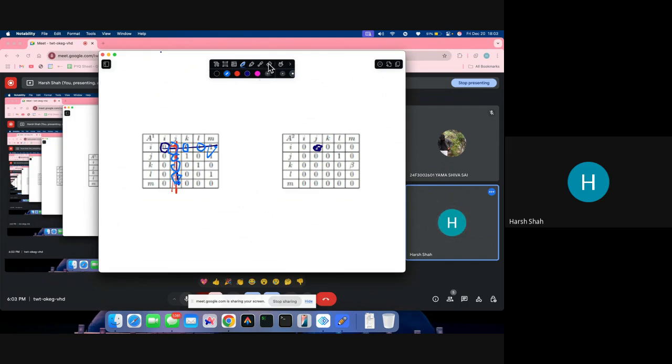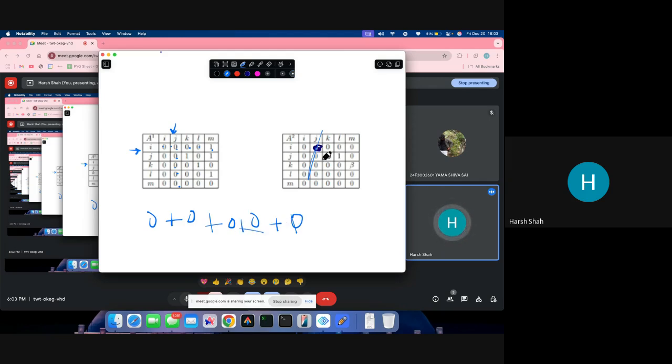So for this question, if I'm calculating this, I'll take this column and this row, right? So I'll have 0 into 0, 0, plus 0 into 0, again a 0, then 0 into 0, a 0, 0 into 0 is also a 0, and 1 into 0 is a 0, sorry.